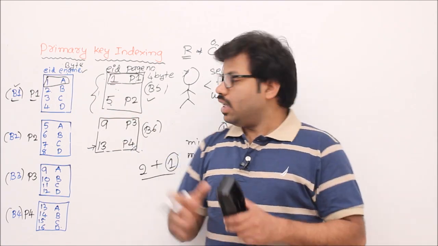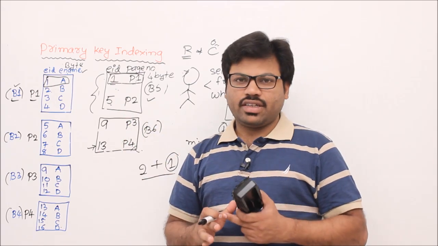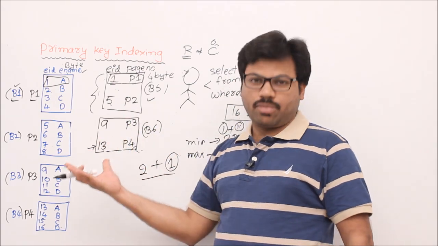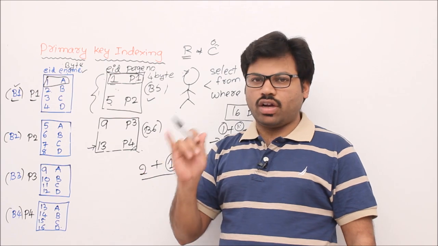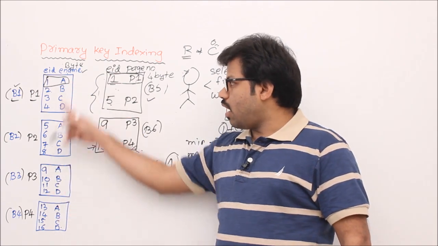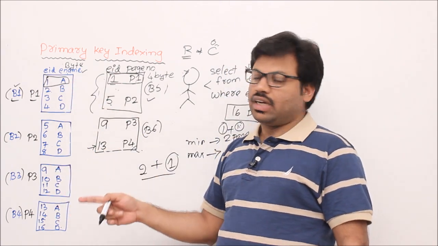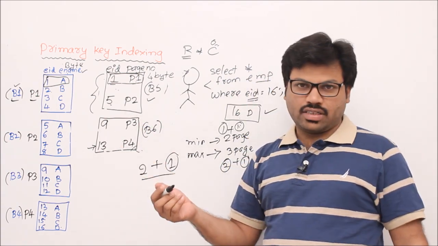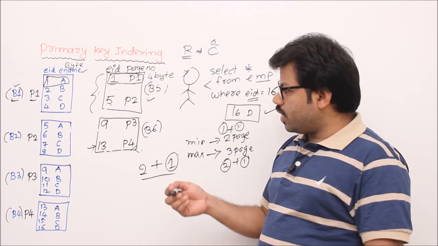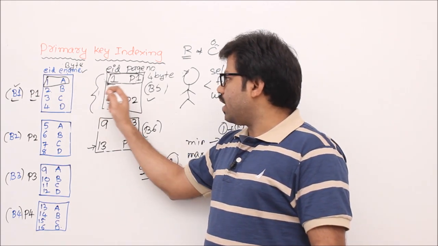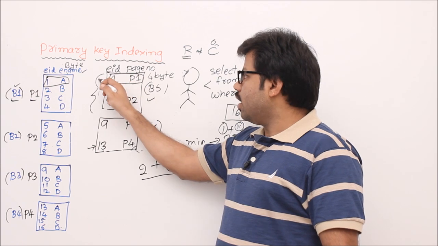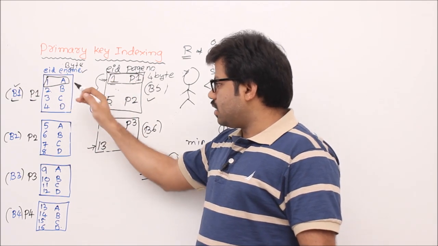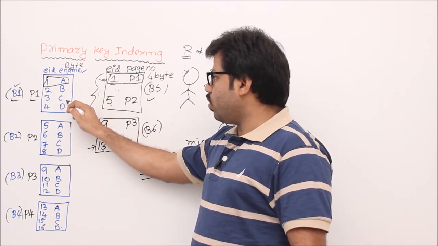Now, in this primary indexing, what is the main property of primary indexing? First, your data is ordered on the key field, and second, we are creating the index on that same key field. That is called primary indexing. One more important observation: since for every page you are creating only one index entry, let me say these are all records of the original file.